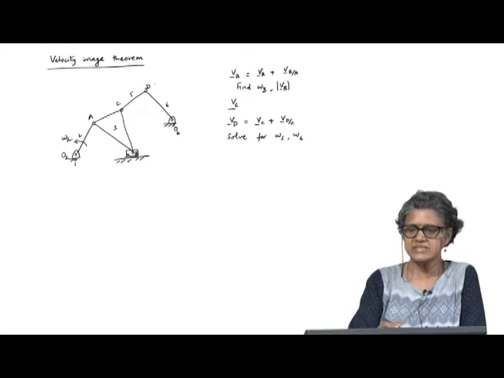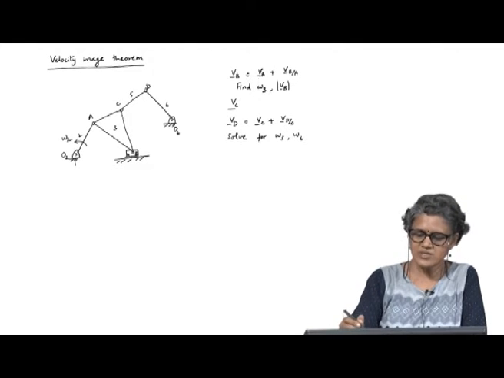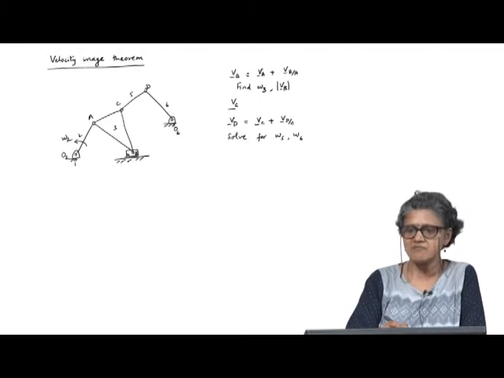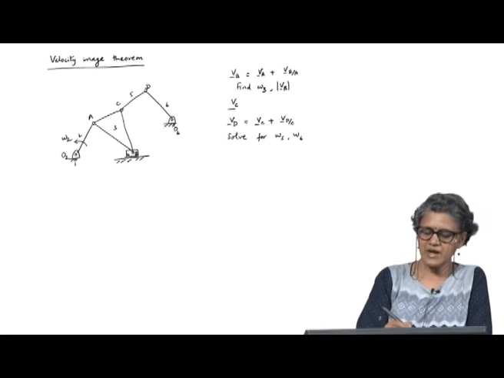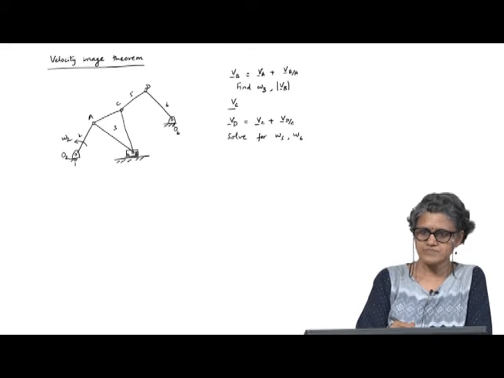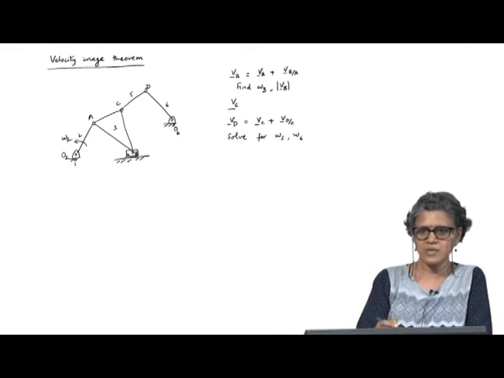When I relate D and C, right, then I can solve for omega 5 and omega 6, because once I find omega 3, I can find the velocity of point C. So, let me just do that. Okay. Once I find omega 3, right, I know the velocity of A. So, velocity of C will just be the velocity of A plus the relative velocity of C with respect to A, which I can find out once I know omega 3.